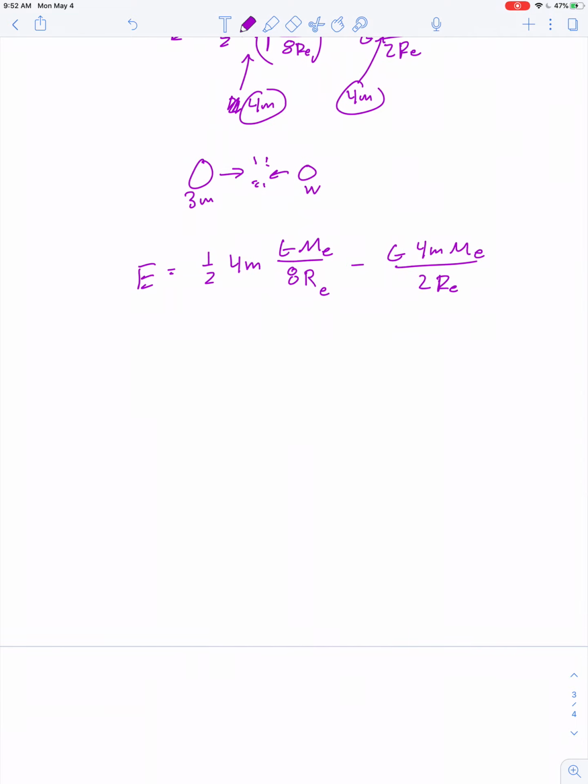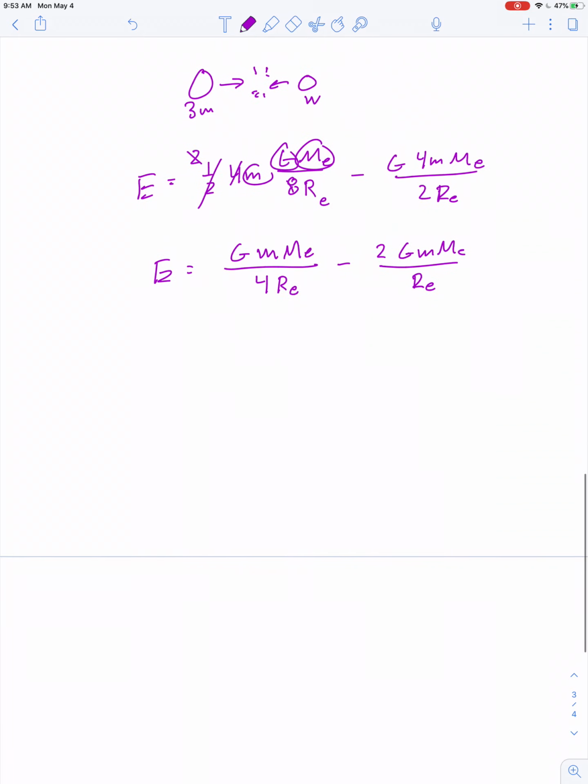Okay, so we've got 1/2 and 4 gives us 2, and then 2 over 8 gives us 1/4. So we've got total mechanical energy is GMm over 4R_E minus 2GMm over R_E.